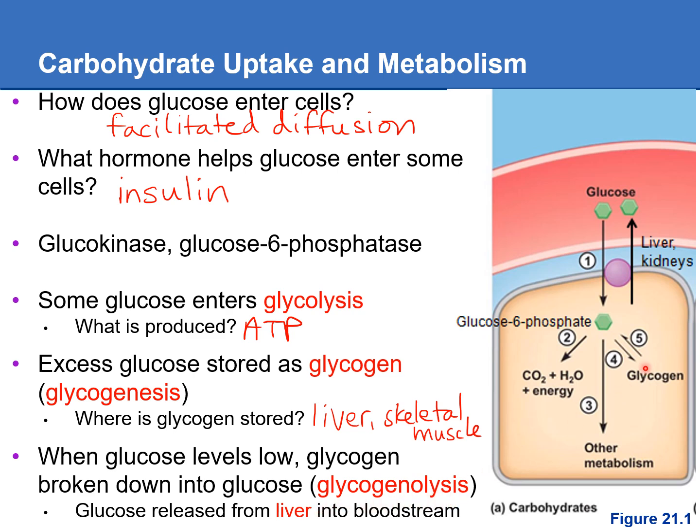So a lot of that will happen in the liver and a little bit in the kidneys, and they have that phosphatase enzyme to dephosphorylate the glucose, and then you can release the glucose into the blood, and that'll raise the blood glucose levels back up to normal. Okay, and then the other thing we can do with the glucose is we can certainly make other things with it in the cell if we need to.